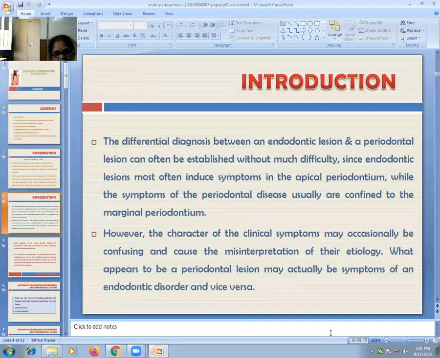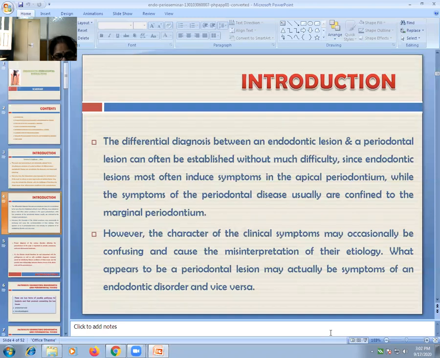As you know, the differential diagnosis between endodontic lesions and periodontal lesions is very important, and how to do that we are going to see today. Usually, for lesions of endodontic origin, the symptoms appear at the apical termination, that is, at the apical area, while periodontal diseases are at the margins.